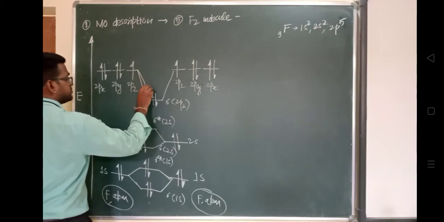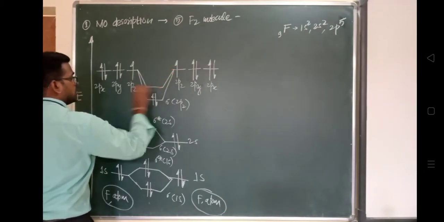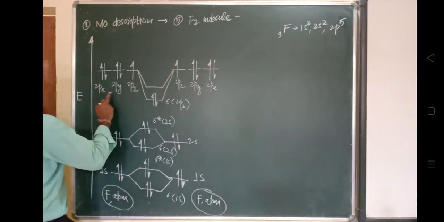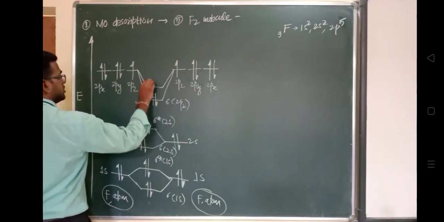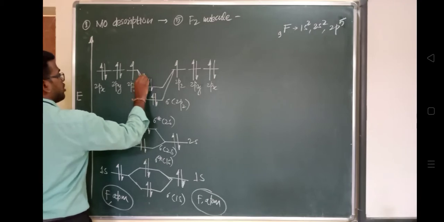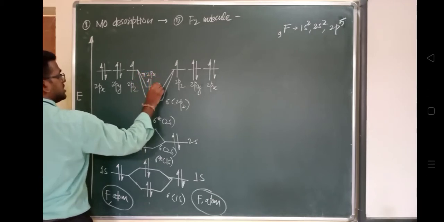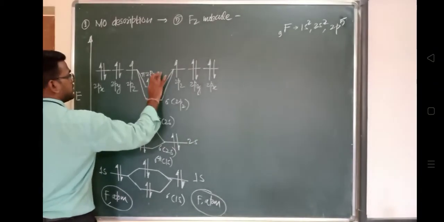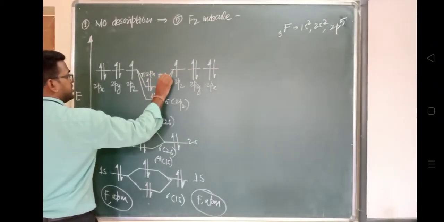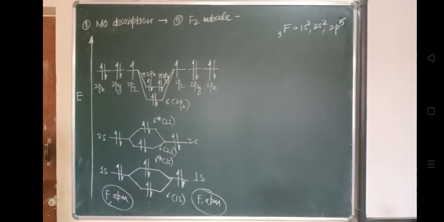Here, one of this x and one of this y will get combined in this way. It will form a pi 2px and a pi 2py orbital.